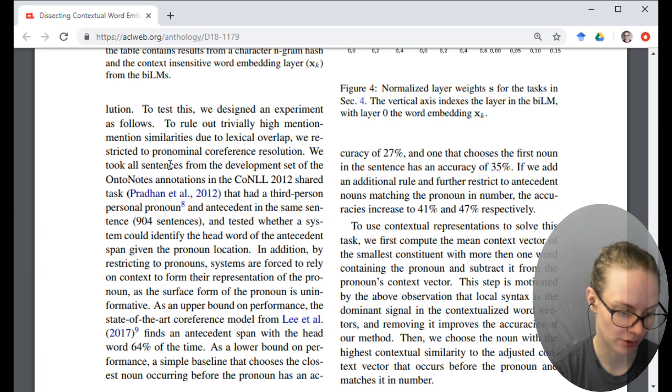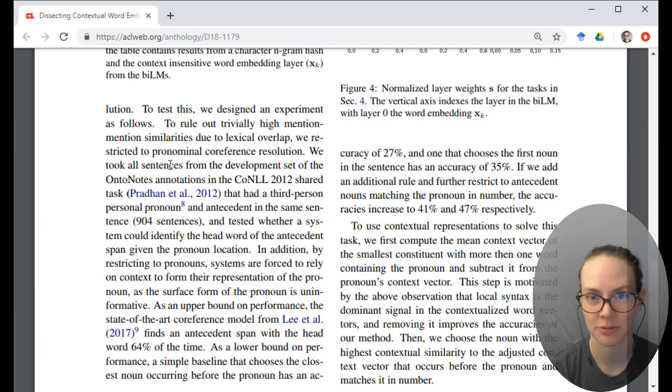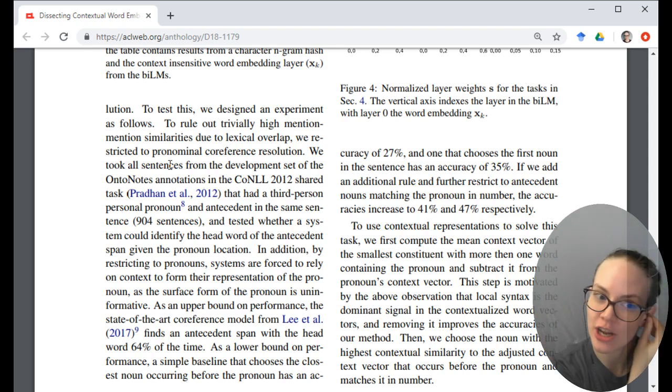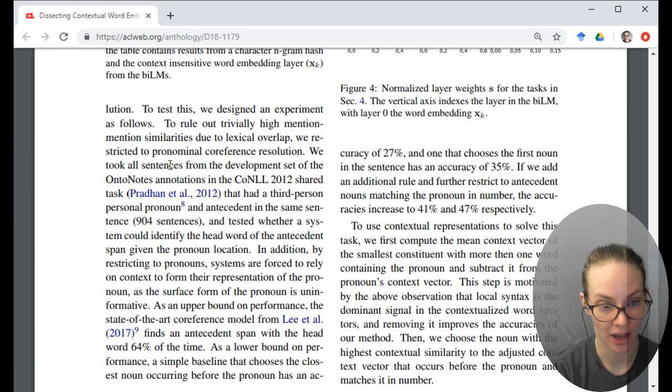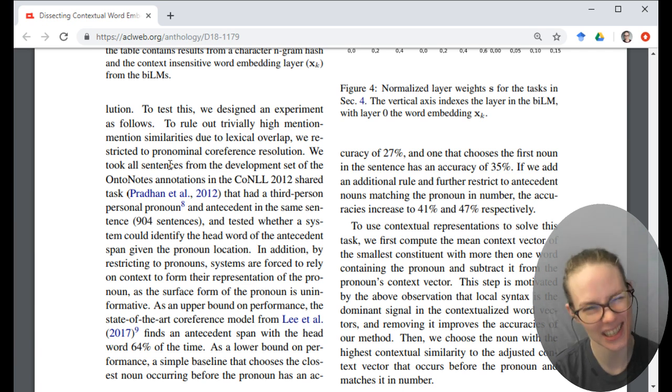In the example, Jane and Billy ate pie and they liked it, the head of that is probably going to be Jane. So Jane and Billy, they. I'm going to define Jane as the first word in the span. In addition, by restricting to pronouns, systems are forced to rely on context to form their representation of the pronoun, as the surface form of the pronoun is uninformative. Well, it's a little bit informative.